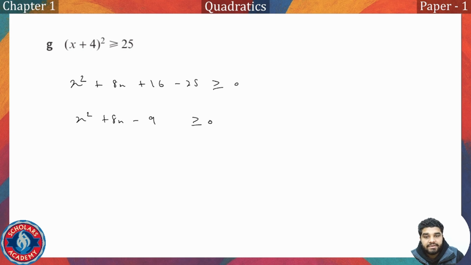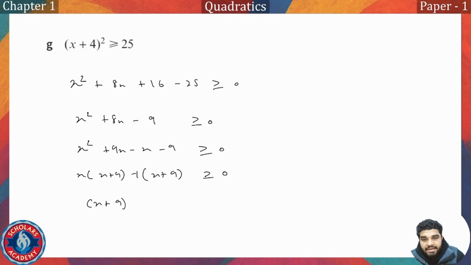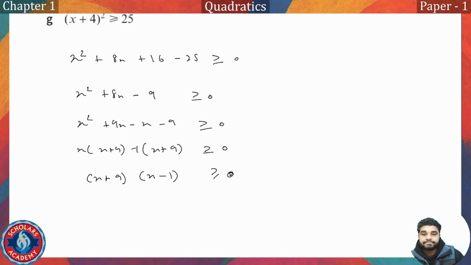Product is -9, sum is 8. So x square plus 9x minus x minus 9 is greater than or equal to 0. I take x common, x plus 9, minus 1 common, x plus 9 is greater than or equal to 0. So x plus 9 and x minus 1 is greater than or equal to 0, right?